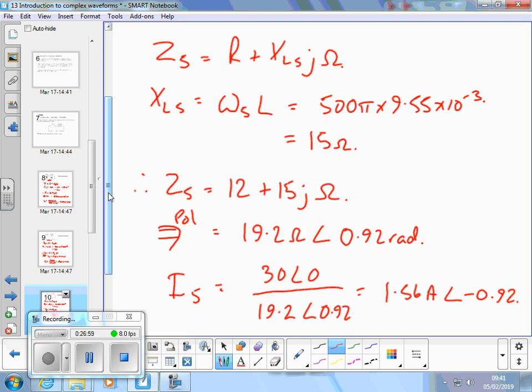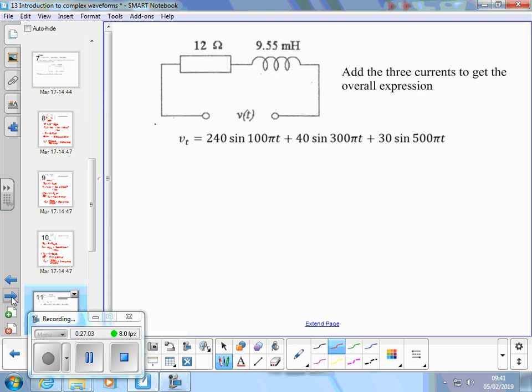So what we can do now is write an expression for the overall current. This is the circuit complete again with the full voltage waveform.